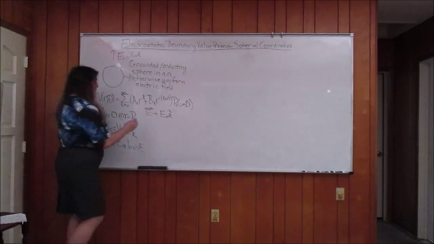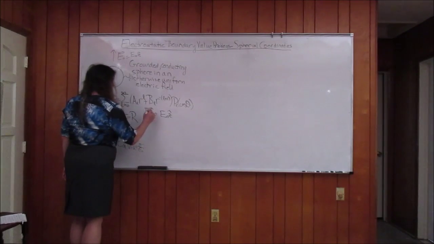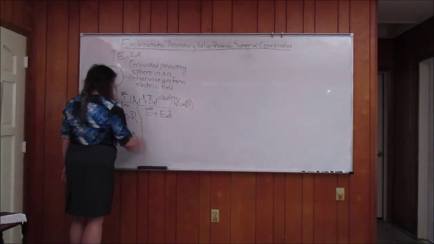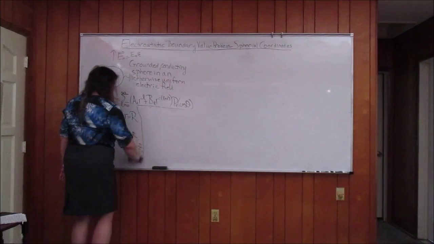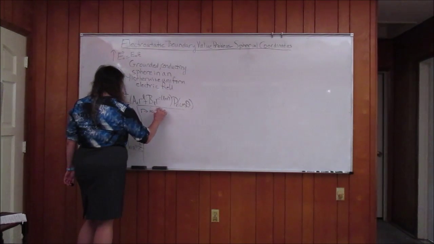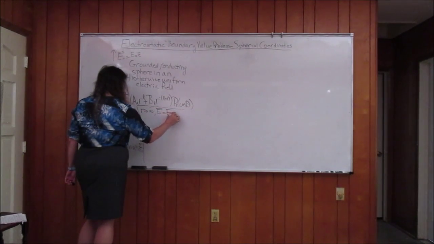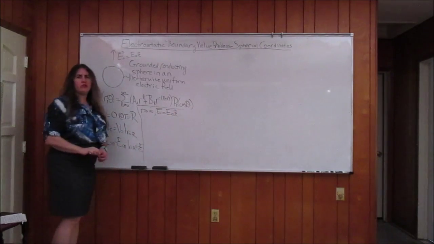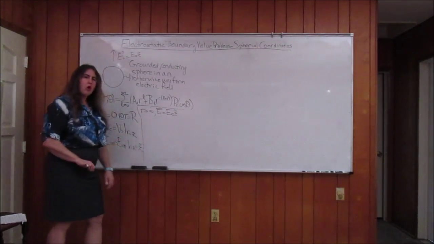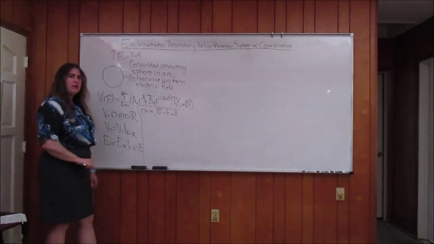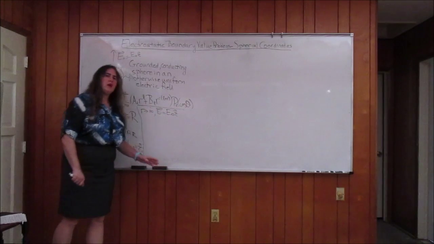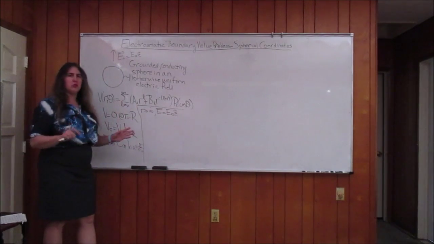So that means that infinitely far away the electric field is just simply equal to E naught in the z direction, and therefore the potential is not going to vanish, as you might think. The potential has to remain finite as you get very, very far away. You don't want the solution to blow up.